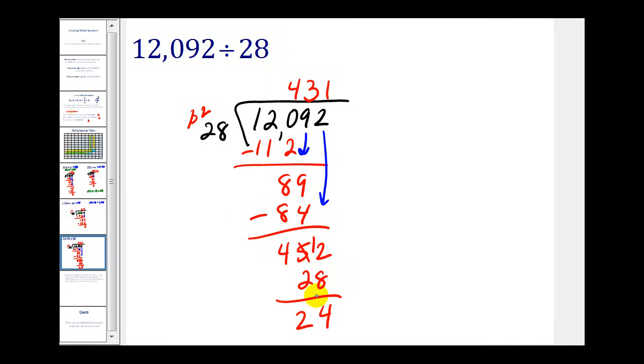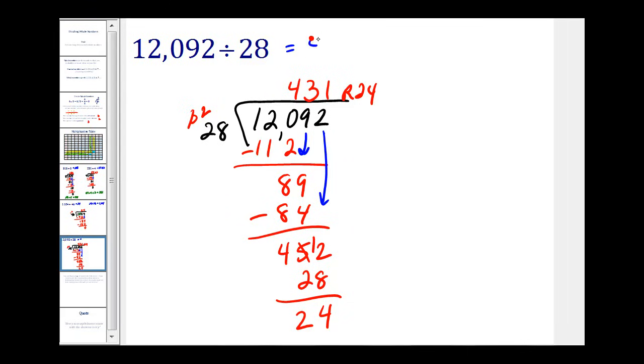We have a remainder of 24. So what that means is 431 times 28 plus a remainder of 24 would equal 12,092.